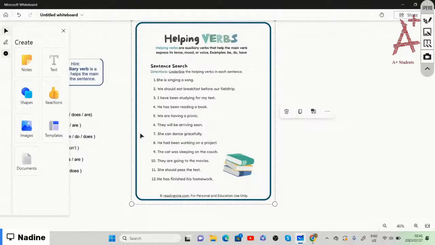Then we can identify the helping verb as, where are we now? Are. So are is the helping verb, and the main verb is having.